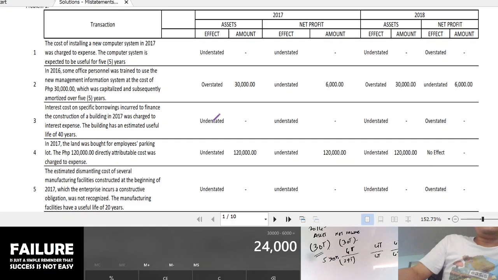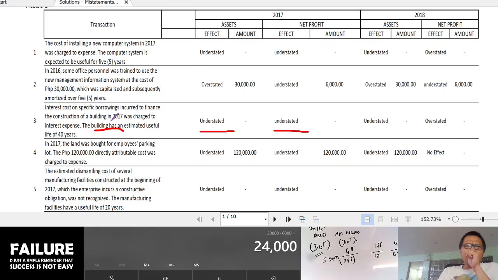So ang effect is that, obviously, same concept in our analysis for number 1, it understates your asset. Net profit also, it will understate your net income or net profit, no? Same concept pa rin because it should be capitalizable, so it should have a related depreciation expense, which should be for 40 years.